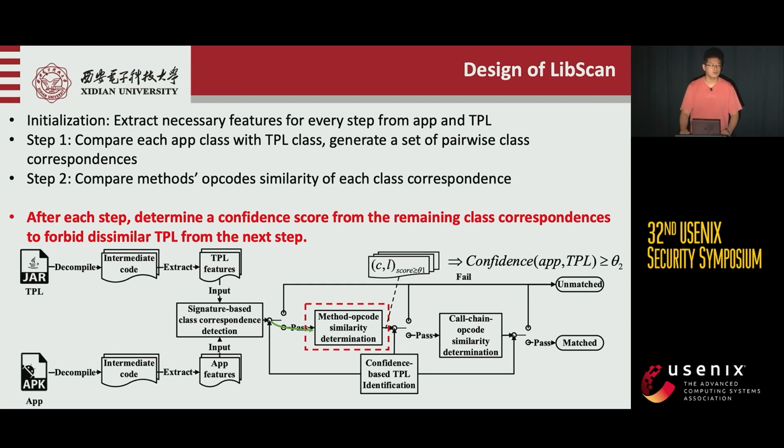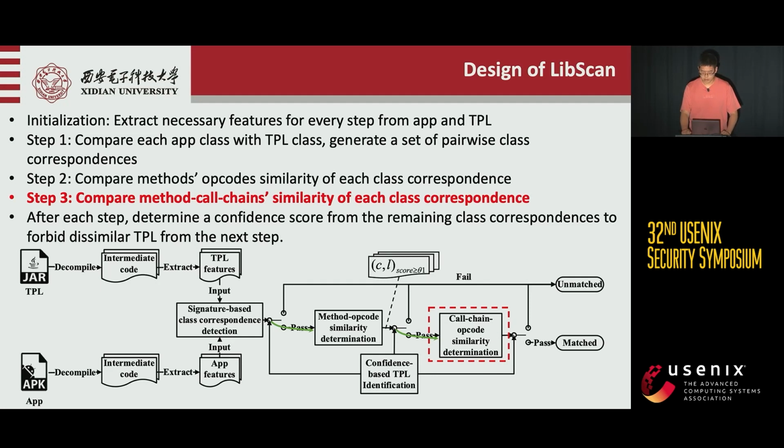Then the app-TPL confidence score is calculated for the 2nd time over the remaining class correspondences. And also, the class correspondences will be delivered into the next step only when the confidence score is above the threshold set 2.